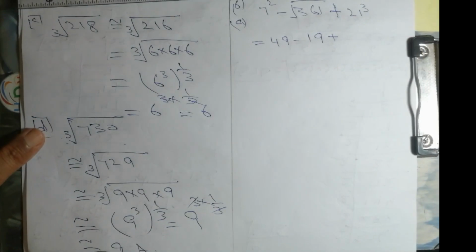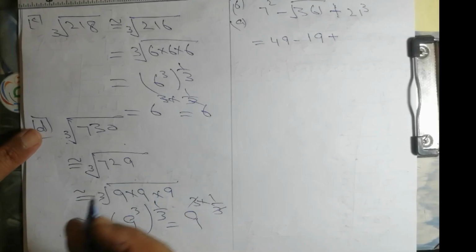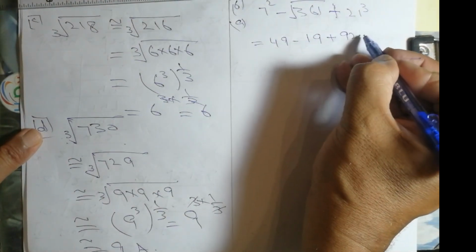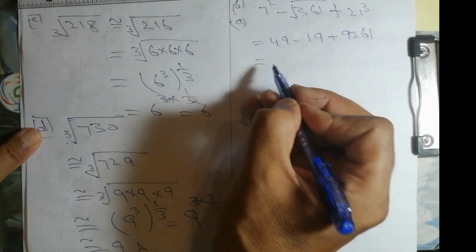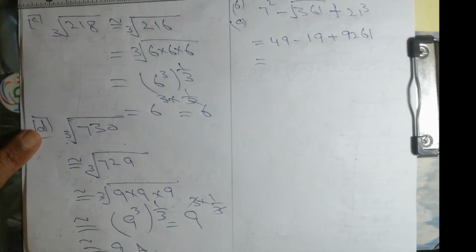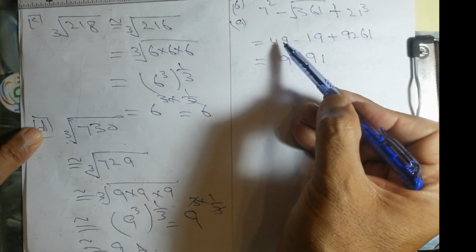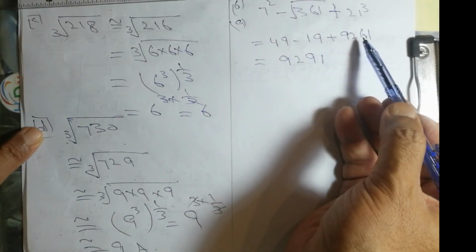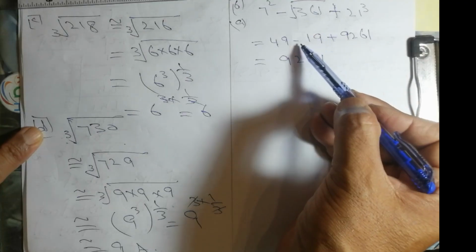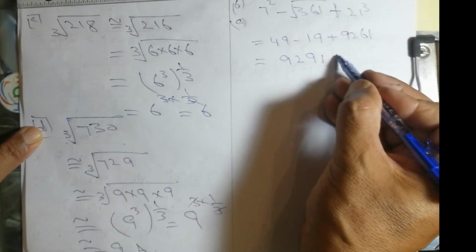So multiply 3 times, or take the cube of 21, 21 into 21 into 21, that is equal to 9261, plus 49, minus 19, that is equal to 9291. Actually I added this term and then subtract this 19, which has a negative sign. So this is the answer.